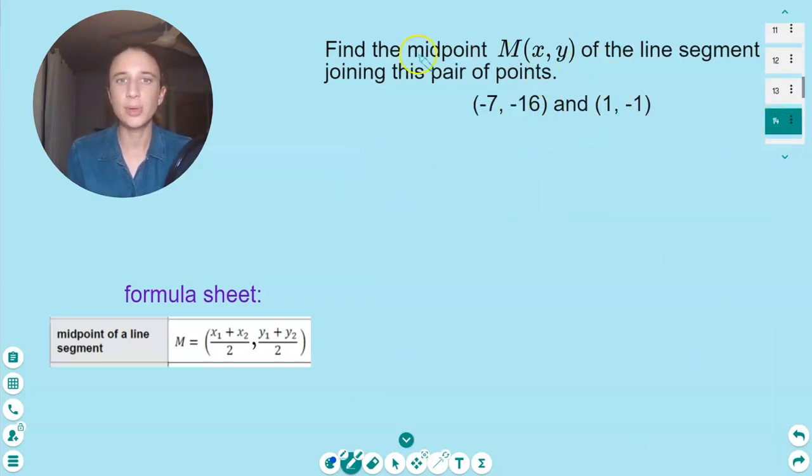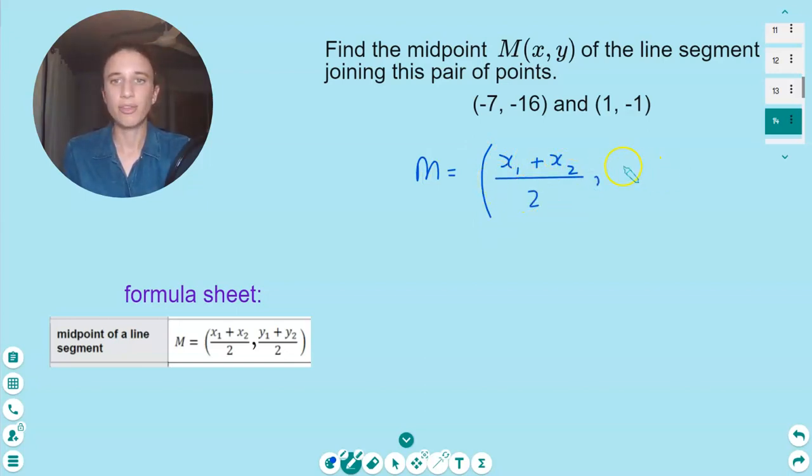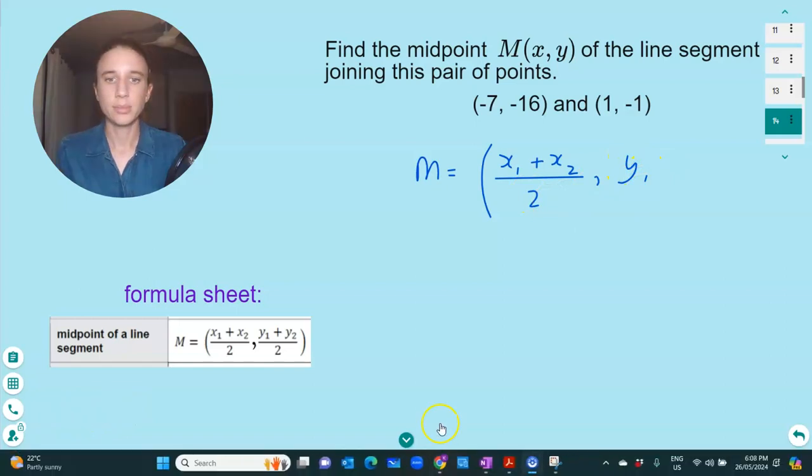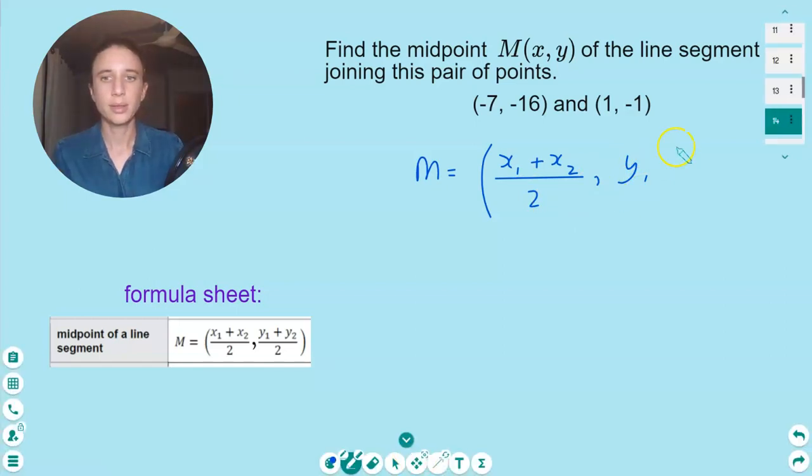Okay, let's try this one real quick. Find the midpoint of this line segment. So first, write your formula. Your average x, your average y. Okay, y1 plus y2 over 2.